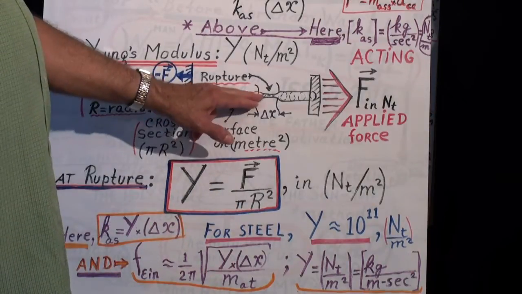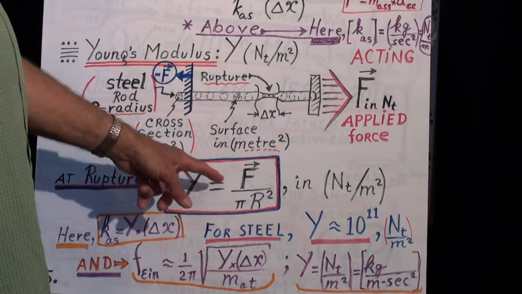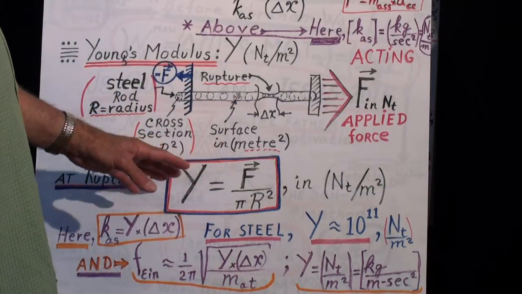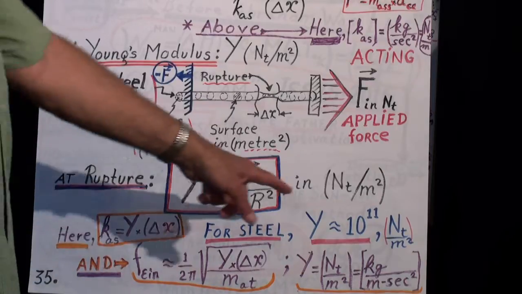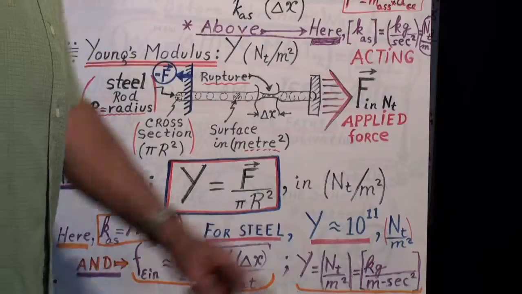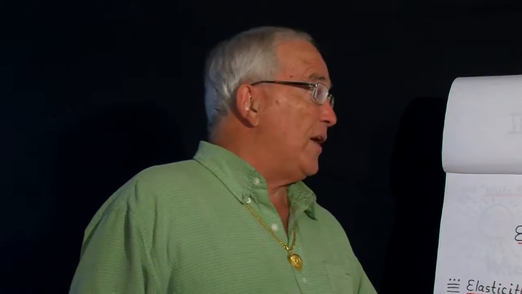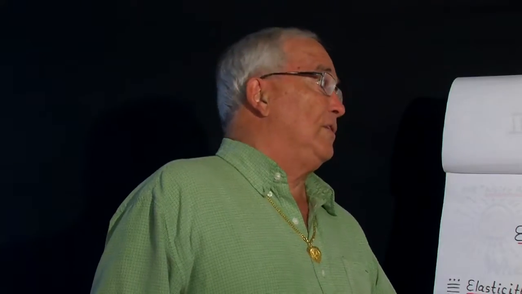And when you divide the force by the surface, you can calculate how many atoms there are there. So you can calculate the necessary force: Young's modulus is in the range of 10 to the power 11 Newton per square meter for steel. So it's a lot. It's 100 billion Newton per square meter.